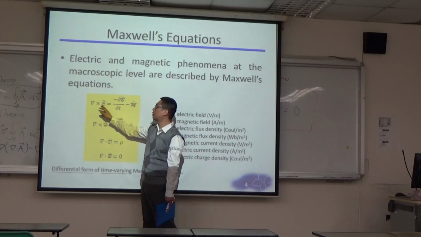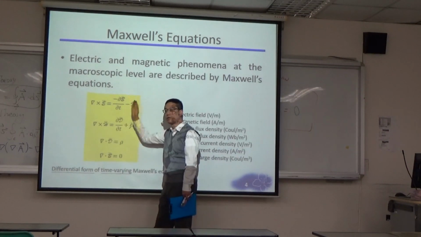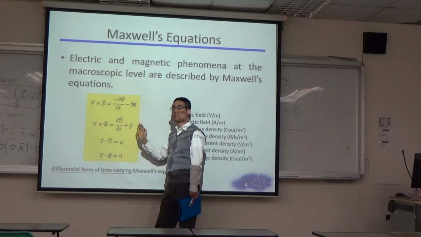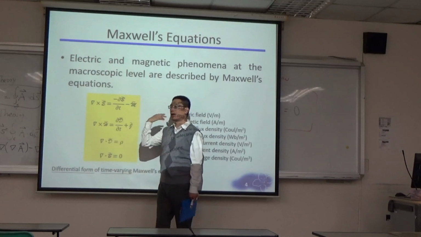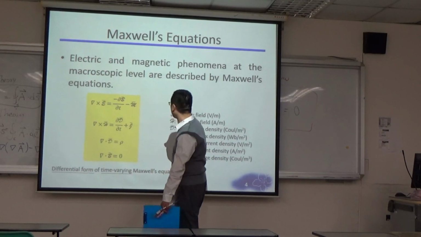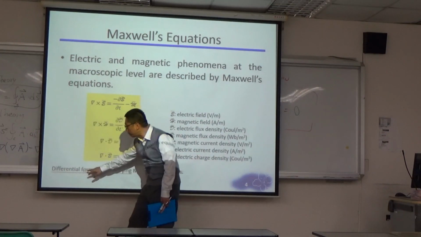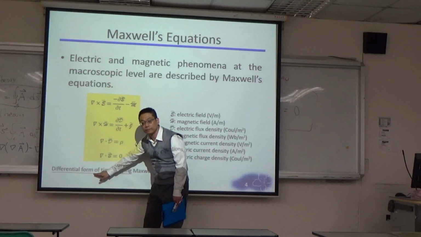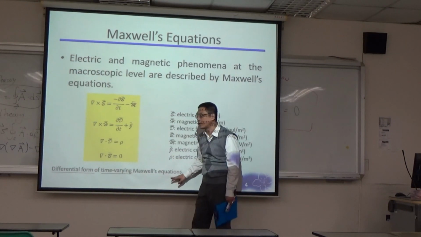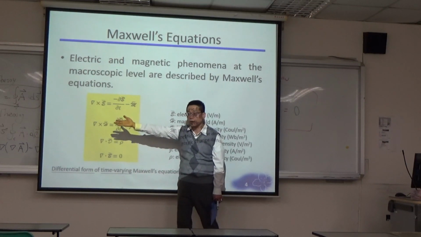You take a curl of E, curl of H, you get a divergence of D, divergence of B. Try to remember it. After you see it again and again, you will understand. So this is the differential form of time-varying Maxwell equations. This is what I'm asking for, what you write down there.